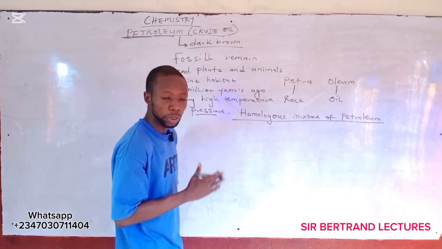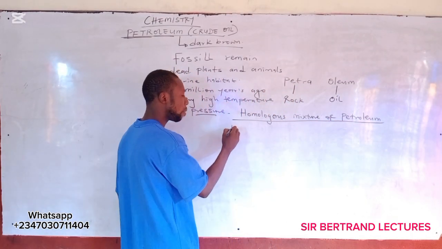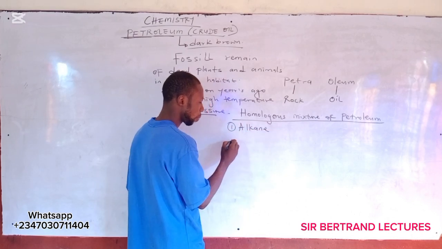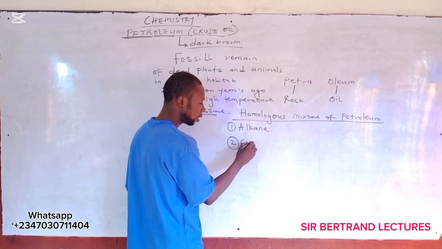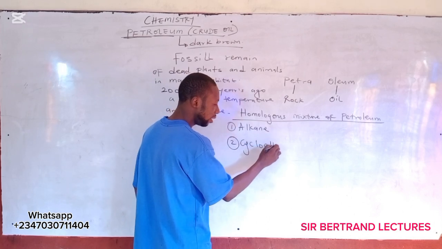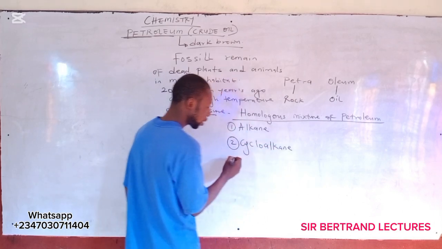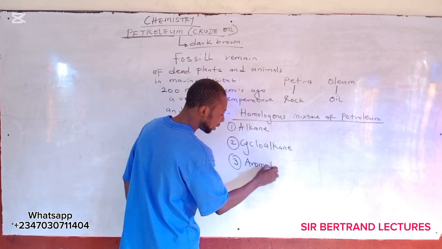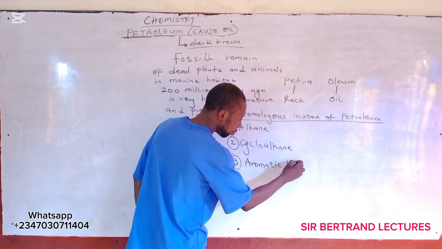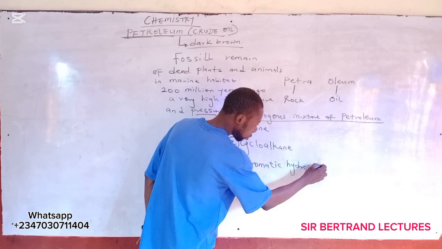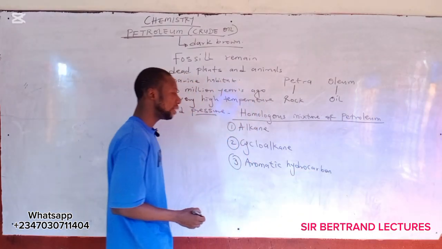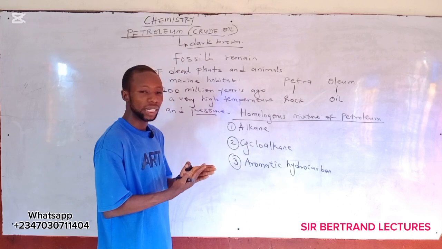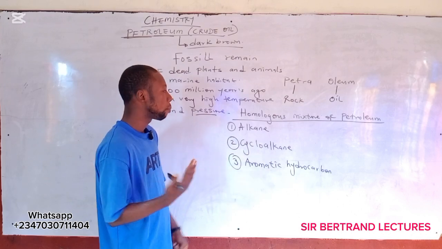Number one is alkane. Number two, cycloalkane. Number three is aromatic hydrocarbon. These are the homologous mixtures that mix together to form petroleum.